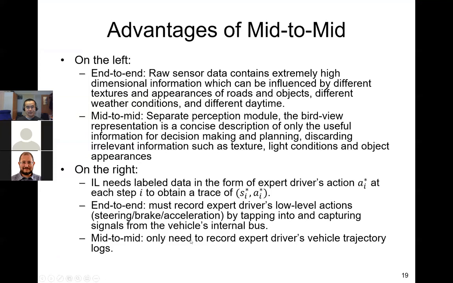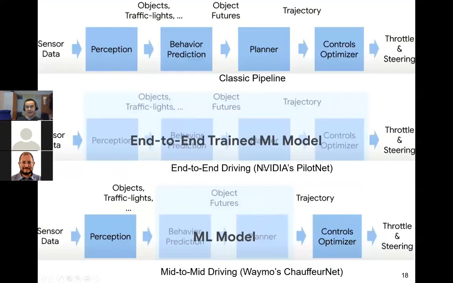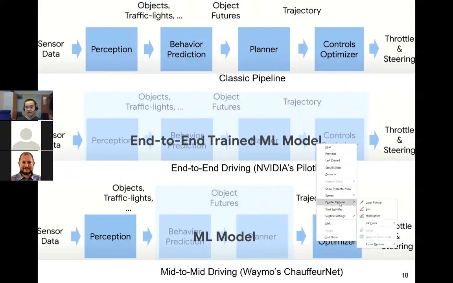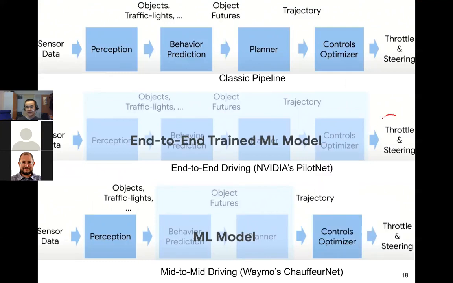Whereas in the mid-to-mid approach, you only need to record expert drivers' vehicle trajectory logs. So if you have end-to-end, then your expert action is these low-level actions: throttling, steering. But if you have mid-to-mid, then your expert's action is the trajectory, which is much easier to capture.